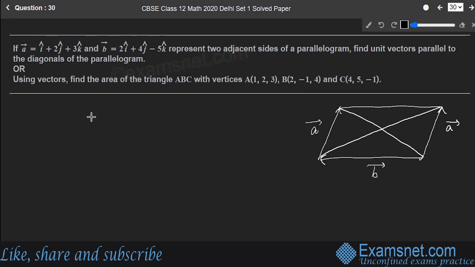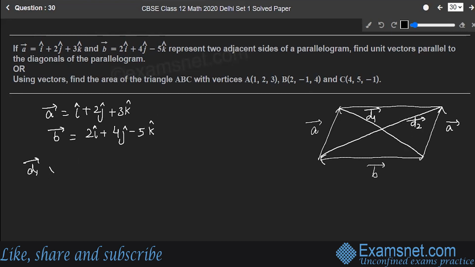So A is equal to i plus 2j plus 3k and B is 2i plus 4j minus 5k. Let D1 and D2 be the two diagonal vectors.